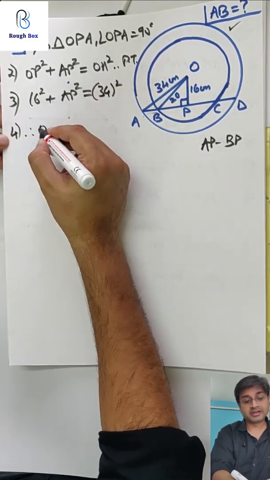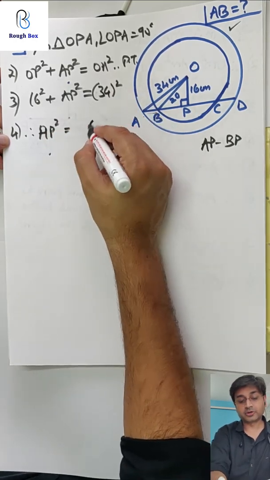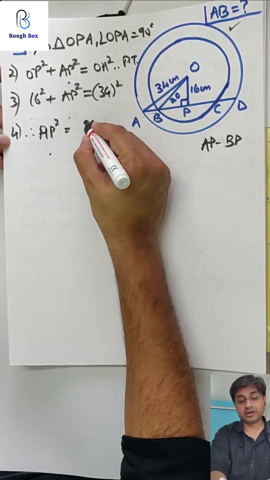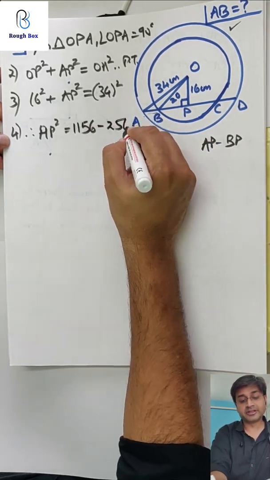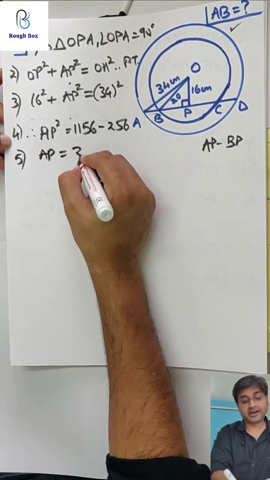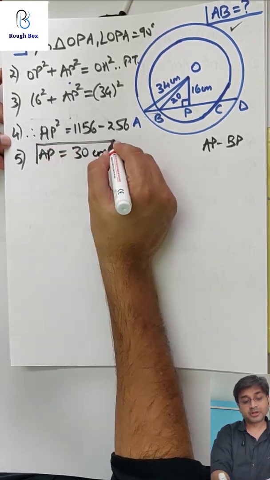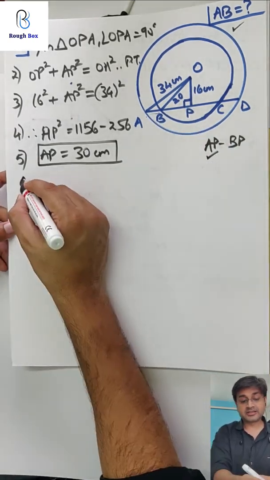So therefore we can say AP squared is 34 squared minus 16 squared, which is 1156 minus 256. So that's 900. So AP will be root of 900, that is 30. So we managed to get AP, the first part. Now let's get BP.